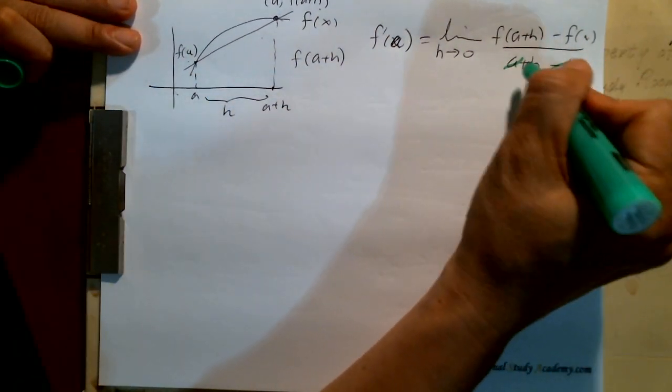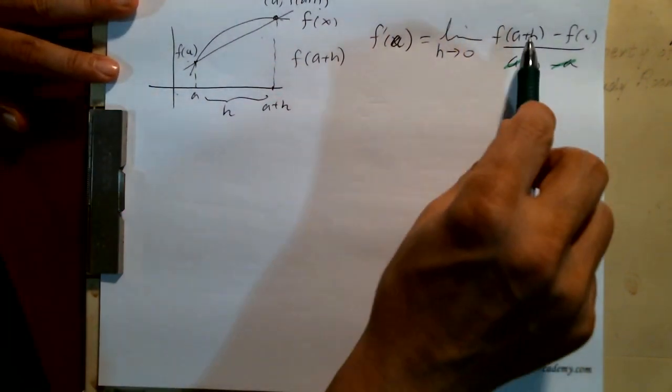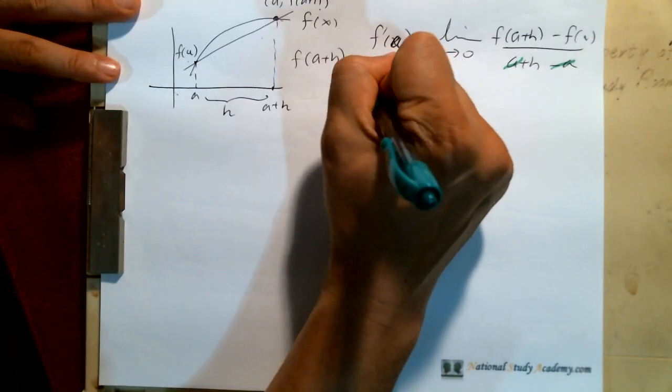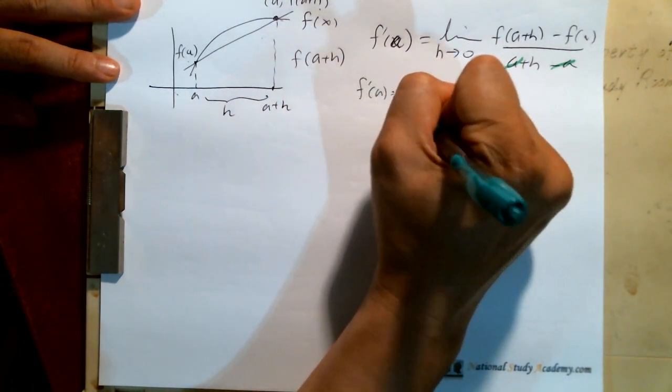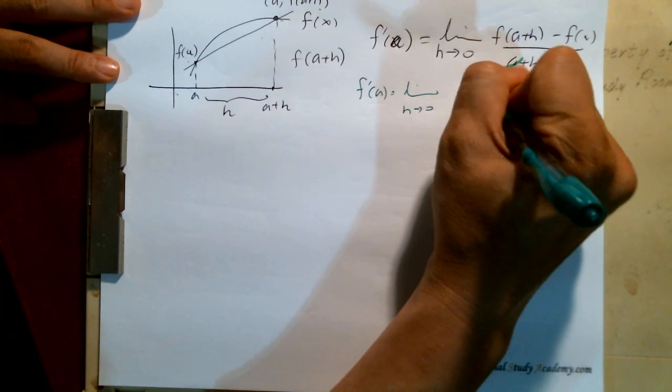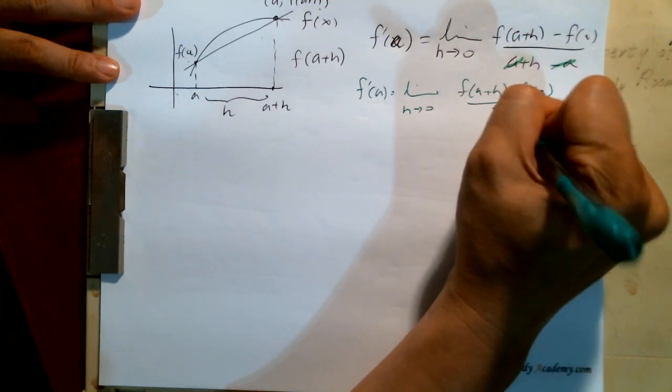Notice that these cancel out, and you end up with just h right there. So that's the definition at a point. Alternate definition, f prime of a is equal to the limit as h approaches 0 of f of a plus h minus f of a all over h.